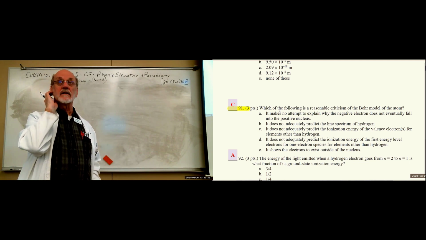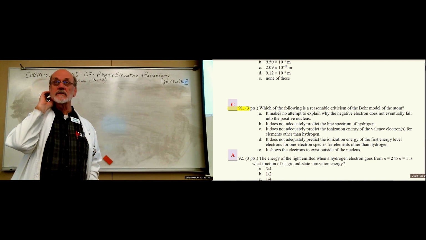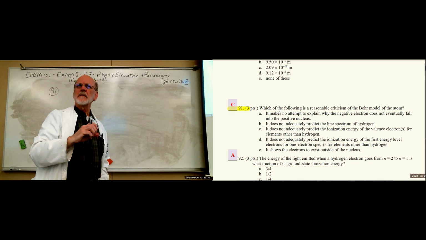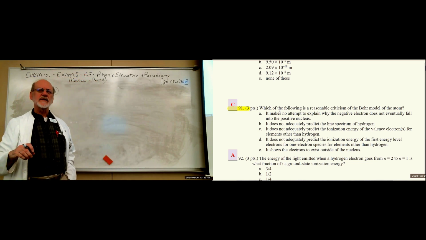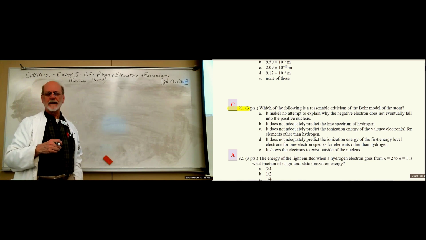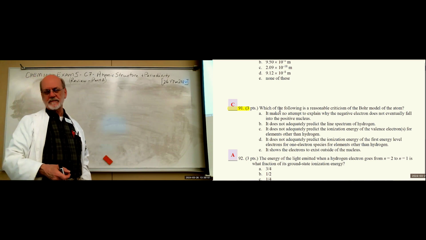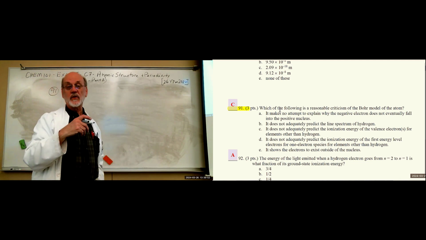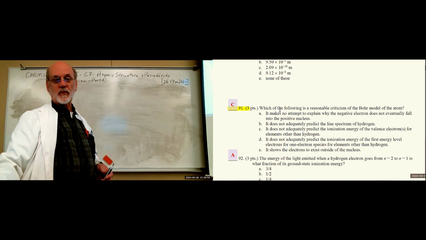No, it does that. Shows the electrons to exist outside of the nucleus. That's not a valid criticism. Okay, so what I'm thinking is A and C are both valid criticisms, right? So if that type of question shows up on an exam, you can put either one and be right, or put both.